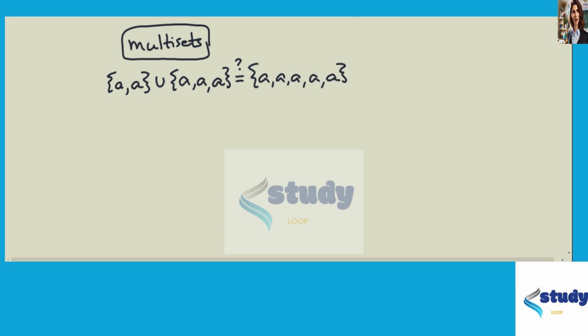Well, when we're talking about multisets, to find the union, we're going to look at what we have in each of the sets, and the most of an element in any one set is what will be in our union. So in this case, our first set has 2 A's, our second set has 3. The most is 3, so the union would only have 3 A's in it. So this statement is false.